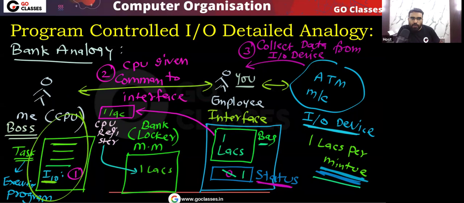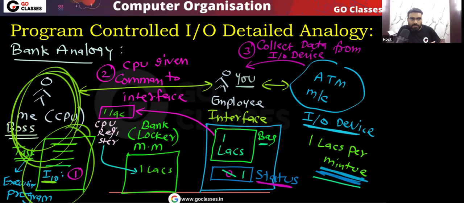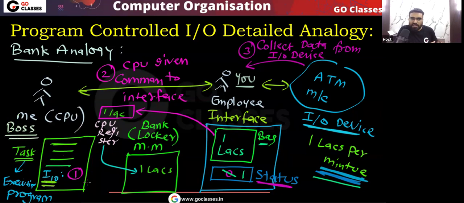This data transfer instruction is inside the program which the CPU is executing. That is the reason this is called program controlled IO, because in the program executed by the CPU we have this data transfer instruction.